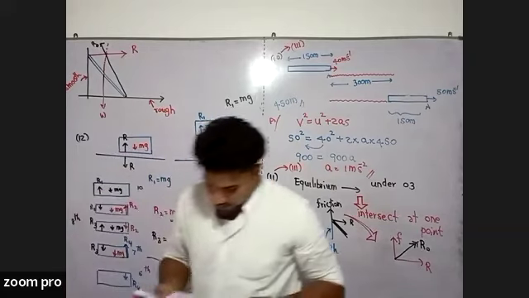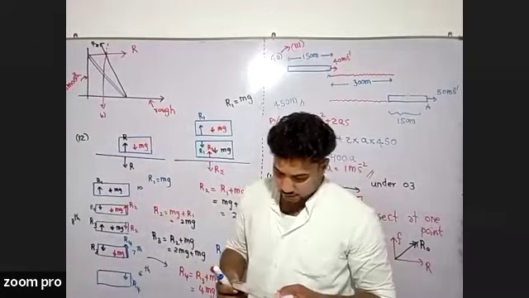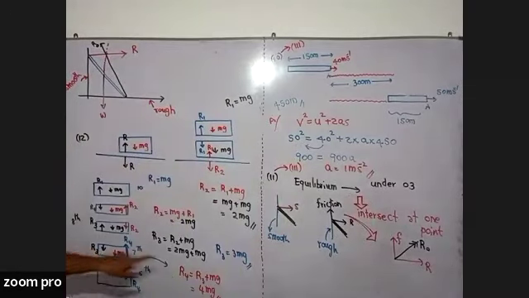Right. So let's consider the statements. The force exerted on the 7th coin from the upper coin is 2mg. No, it should be R3, and R3 should be equal to 3mg. So the first statement is incorrect. The force exerted on the 7th coin from the 8th coin is 3mg. This is the force exerted by the 8th coin on the 7th coin, right? So it should be correct, isn't it? Let's move to the third statement: the force exerted on the 7th coin from the 8th coin is 2mg.